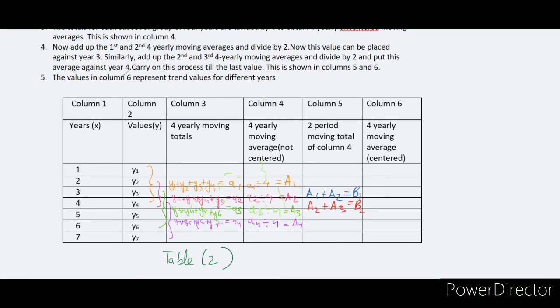B2. Then we move to the third and the fourth 4 yearly uncentered moving averages, and it will be placed in between A3, A4, which coincides with year 5. So A3, A4 equals B3.